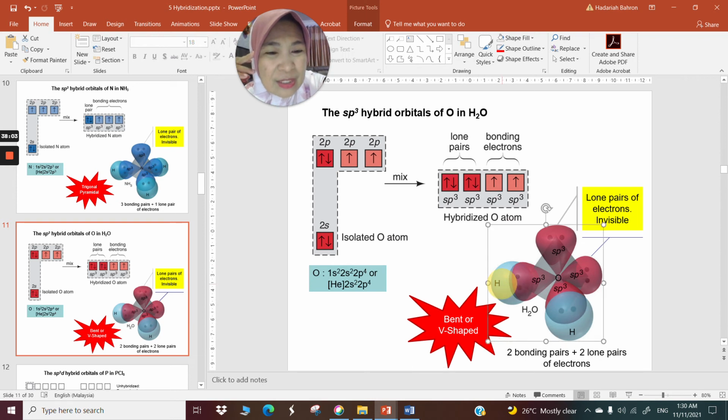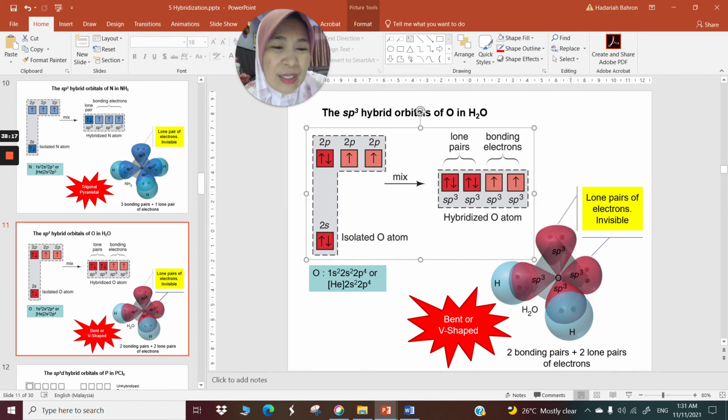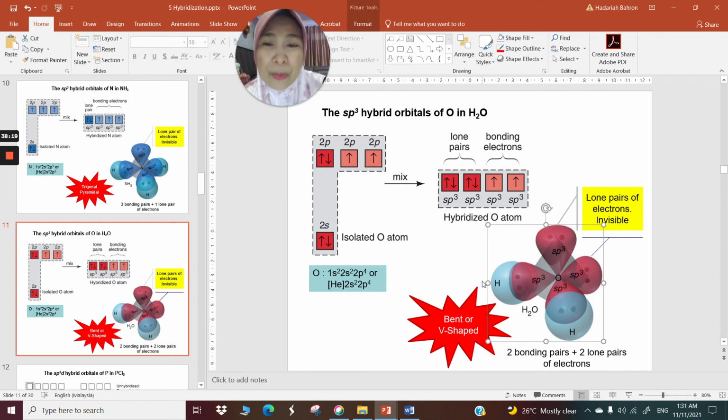So hydrogen with oxygen, hydrogen brings 1 electron, pairing up with that one you make an OH, and this hydrogen brings 1 electron, pairing up with the second unpaired electron, you get another OH. So that's your water.